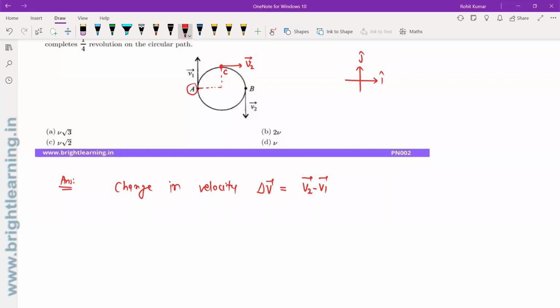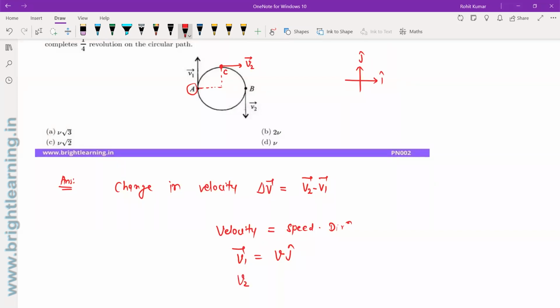So if I want to write velocities v1 and v2 as vectors, velocity is equal to speed into direction. So vector v1 will become v, where speed v is already given in the question, and its direction is along j cap.